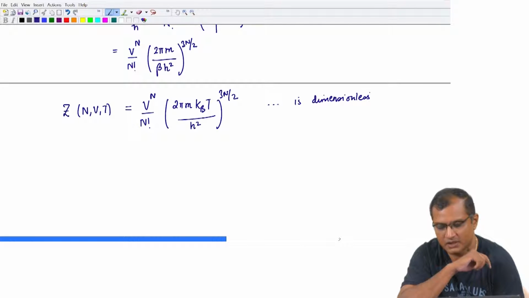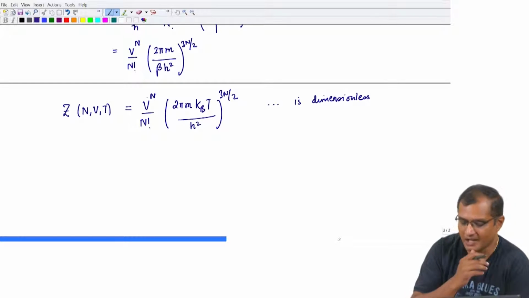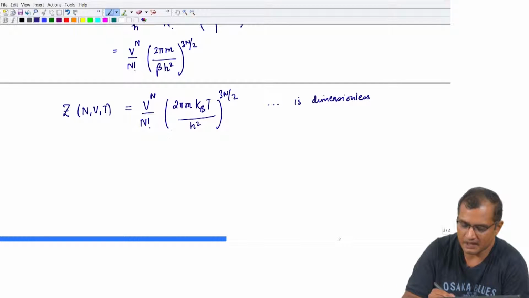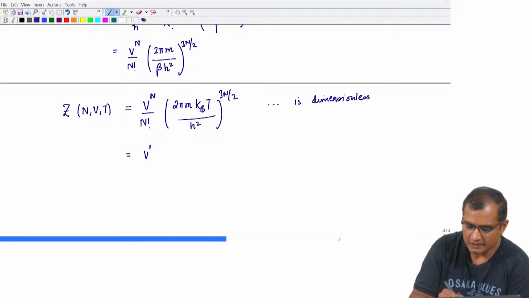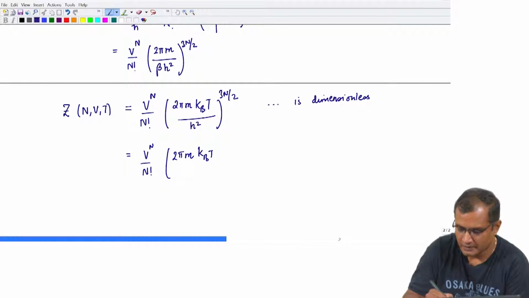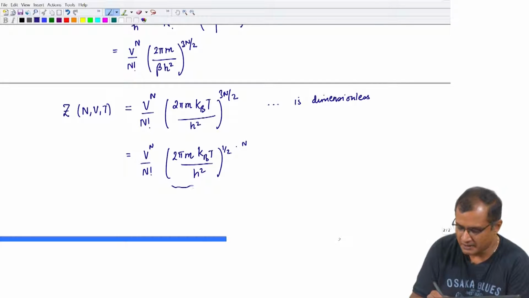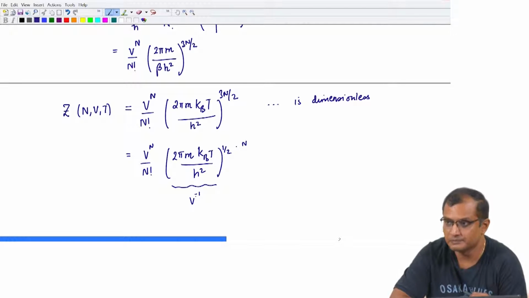Z is dimensionless, which means I have got a volume to the power N already. N factorial is dimensionless, which means this guy, if I write it like V to the power N upon N factorial into (2 pi m kT upon h squared) raised to half raised to N. So, this quantity should have the dimensions of V to the power minus 1, because there is a V raised to N as a prefactor.